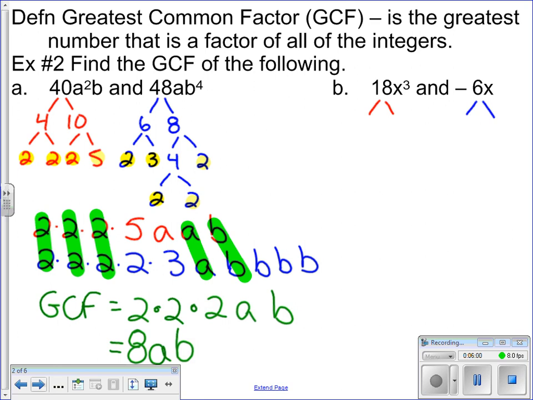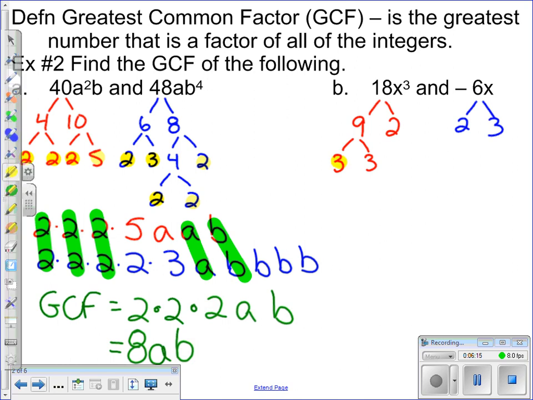All right, so 18, 9 times 2 is one way. You could have used 6 and 3, but 9 and 2 works just fine. 6 is 2 and 3, but don't forget about the negative sign. So I'm going to get all my little bits. 2, 3, 3, x, x, x, negative 1, 2, 3, and an x.